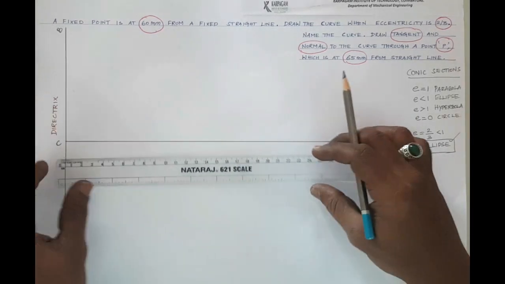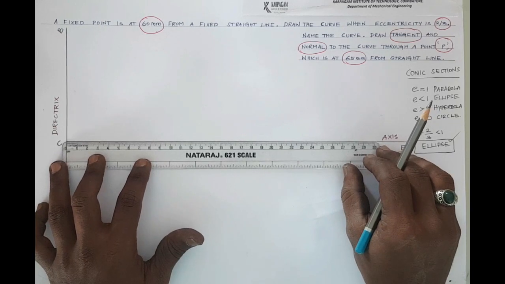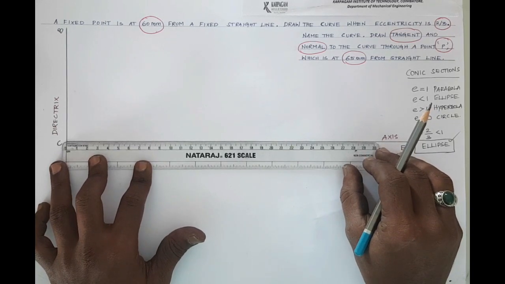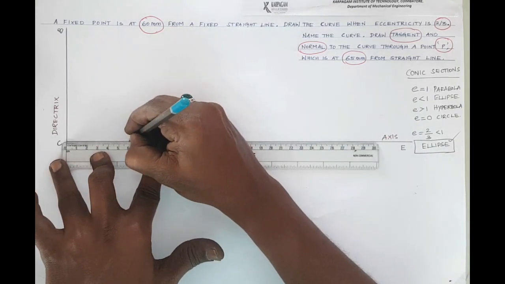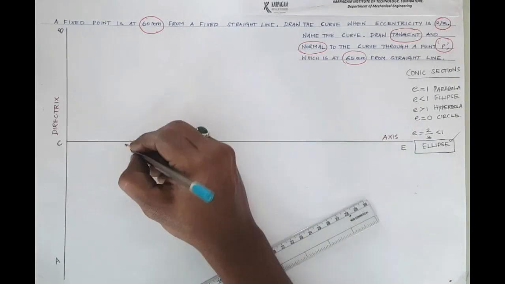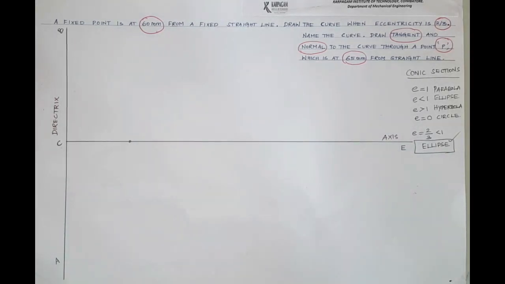So take your scale and place the scale like this, then mark 60 mm point on the horizontal line.